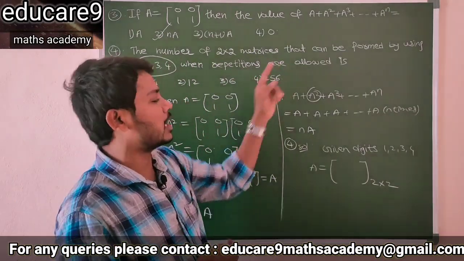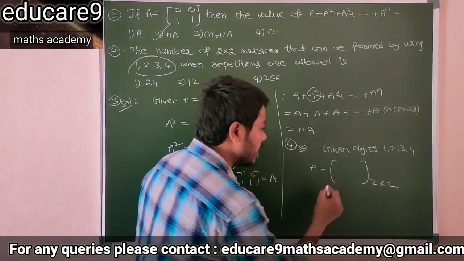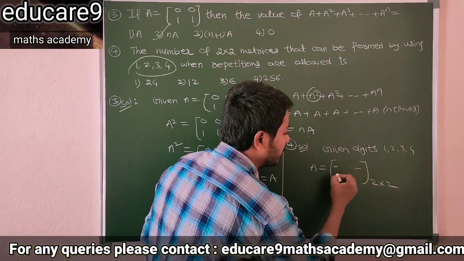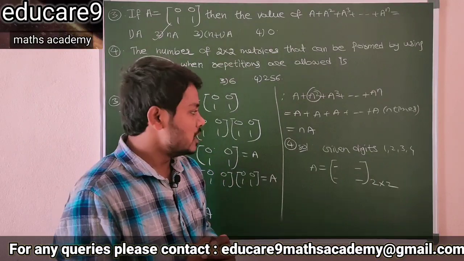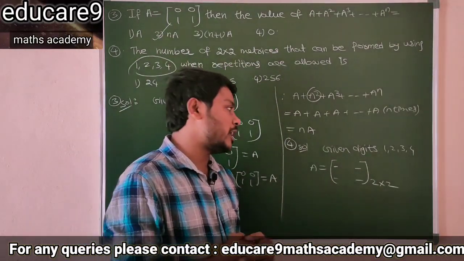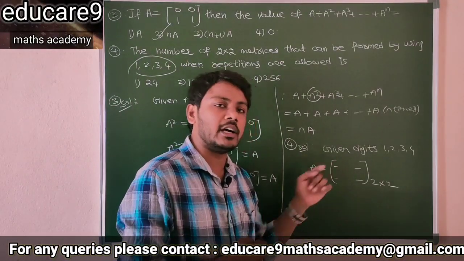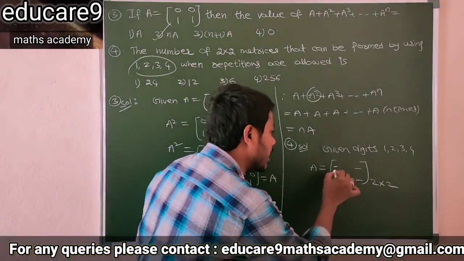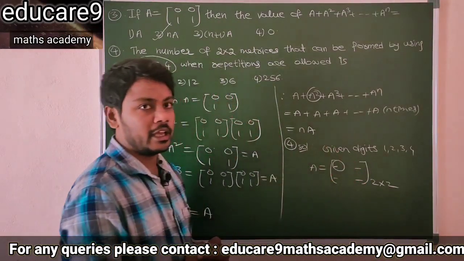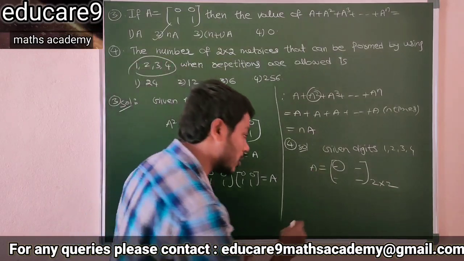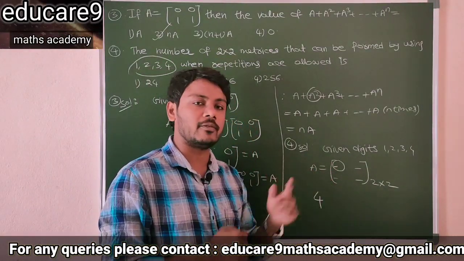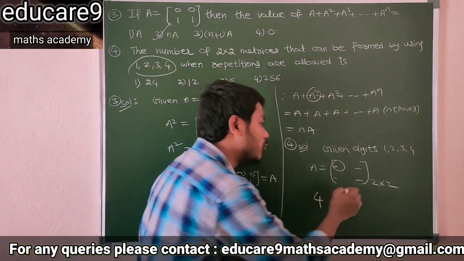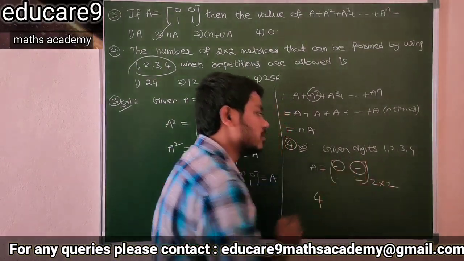Here repetition is allowed. So clearly the number of places is 4 and the number of digits is 4. See here, for the first place we can use either 1 or 2 or 3 or 4. So clearly the number of possibilities in the first place is 4. Again, first row second place.